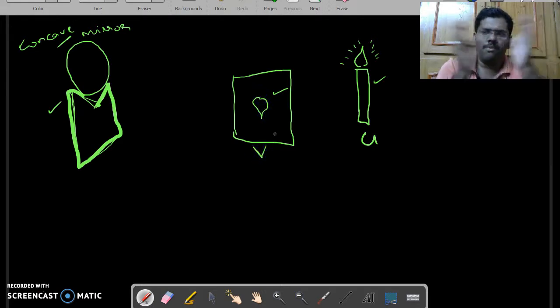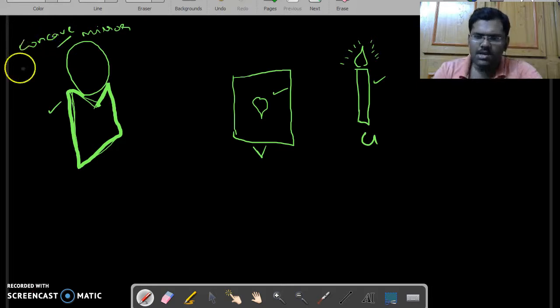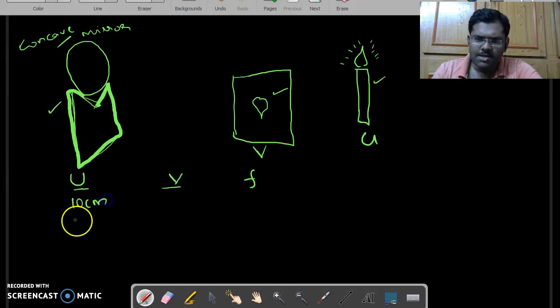So for example, this is a V stand, this is the candle. We have to move the candle, so we have to adjust the candle. For example, we can take it at 10 centimeters. So the table will be U, V, and to calculate F. So that is U. For example, we take 10 centimeters, 20 centimeters, 30 centimeters and 40 centimeters and so on.